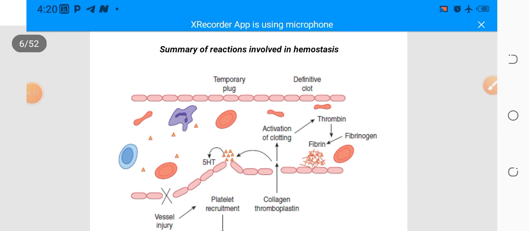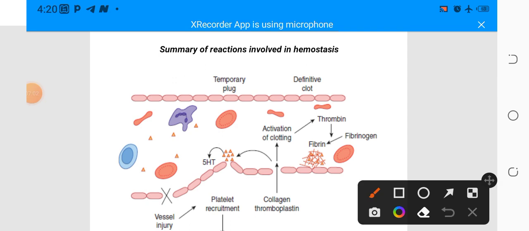So in summary, what am I talking about? You can see this is the summary of reactions involved in hemostasis. You can see there is a lot of activity happening. When a blood vessel has been injured, you can see the endothelium has been injured here. What will be exposed is collagen and thromboplastin.